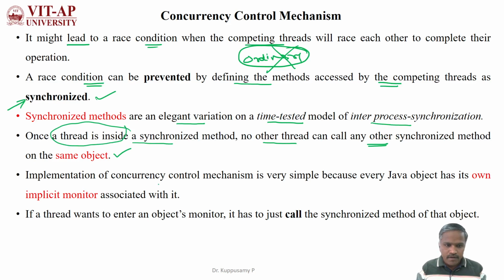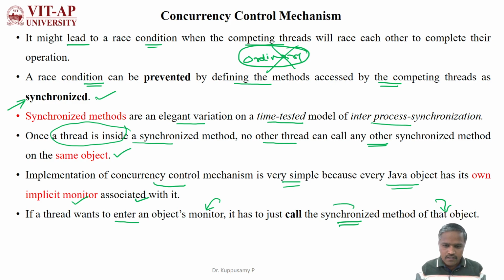This can be implemented by using the concurrency control mechanism, which is very simple because every object in Java has its own implicit monitor associated with the object. If a thread wants to enter an object's monitor, that means the concurrency control mechanism, it just has to call the synchronized method over that particular object.